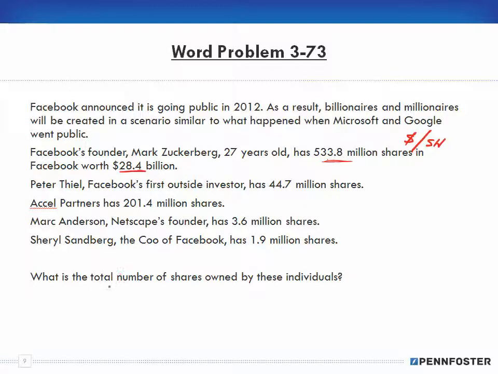The problem asks me, what is the total number of shares? Remember, when you're working out a word problem, you have information that's directly related to what you're being asked to solve. You have information that is indirectly related, meaning it has to be modified in some way.